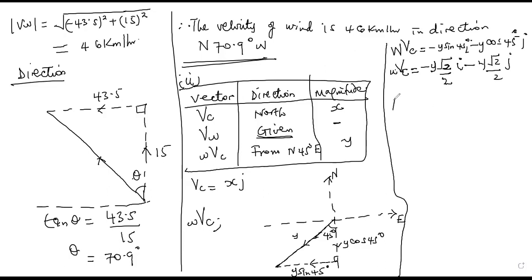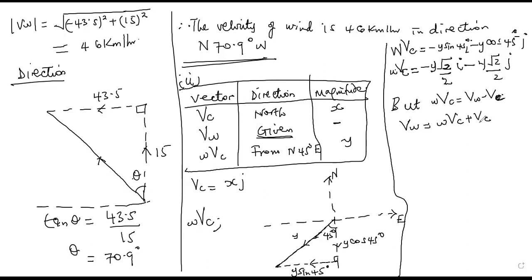But you need to know that velocity of wind relative to the cyclist is the same as velocity of wind minus velocity of the cyclist. Okay? Meaning that velocity of wind is equal to wind relative to the cyclist plus velocity of the cyclist.